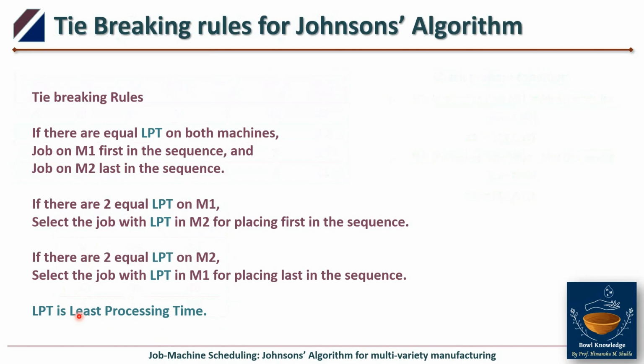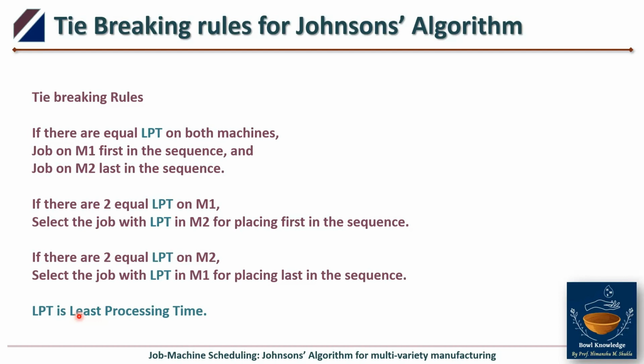If the minimum time is in machine 2, allot the job to the right side of the pallet. But what if there are similar values sometimes, or there are 2 minimum values? These are some of the tie breaking rules suggested by the proposer of Johnson's algorithm, for what to do when you get equal values.